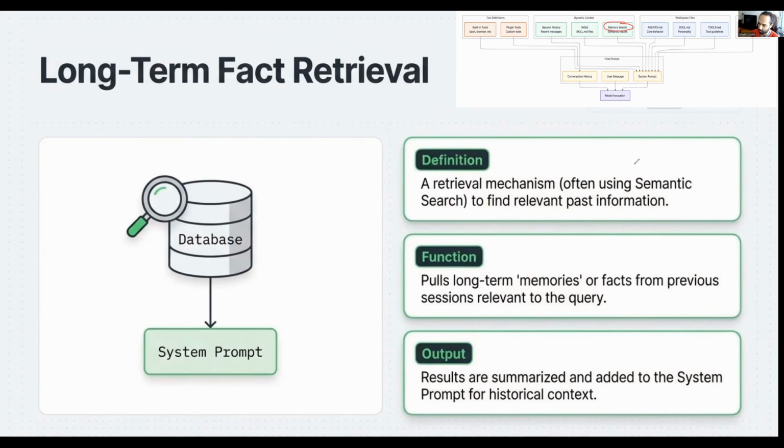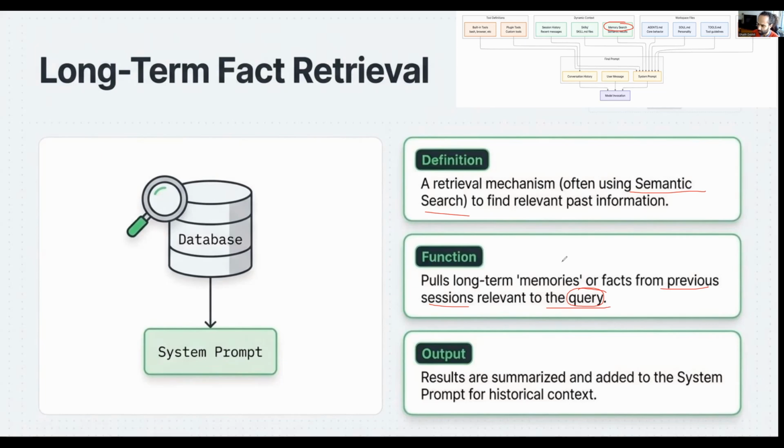And here we are talking about a semantic search, where a semantic similarity search will be applied given the user query. So let's say we have the user query, and given this query, a similarity score will be calculated between the query and different blocks from the previous sessions.